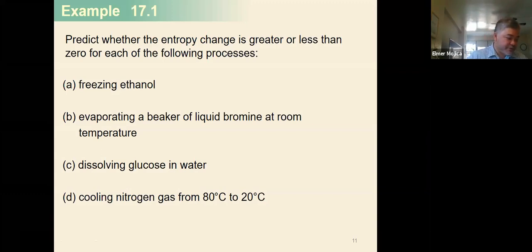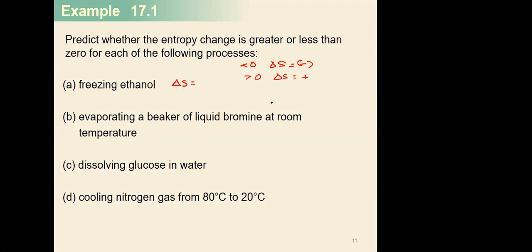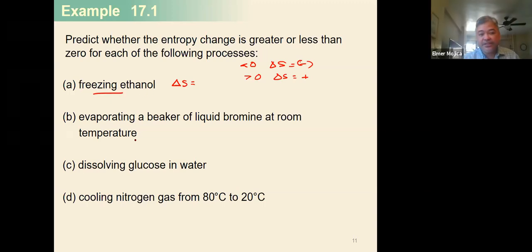So how are you going to solve this? Freezing ethanol, what would be the delta S there? If it's less than 0, your delta S is what? Negative. If it's more than 0, your delta S is? Positive. So what is the delta S when you are freezing the ethanol?